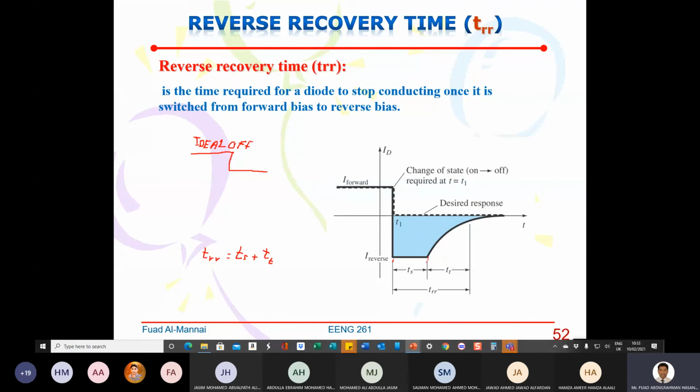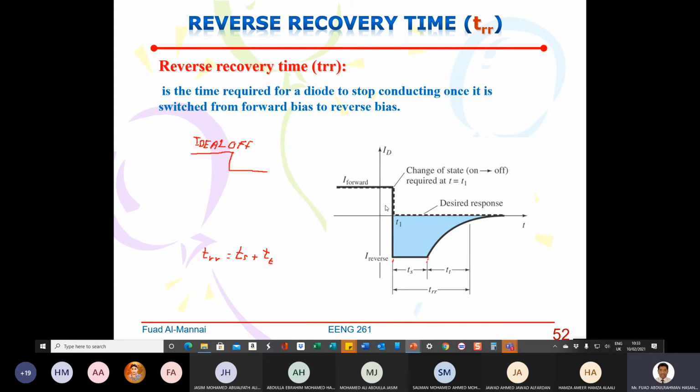You need speed. Now the diode has a capacitance, and it is not desirable when you want to operate the diode in a high speed circuit.